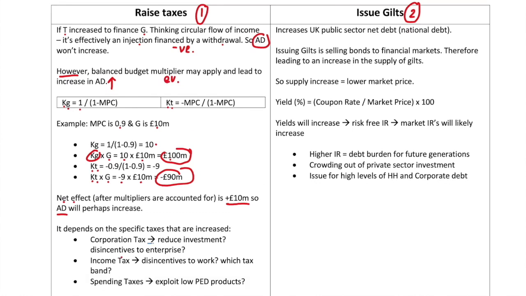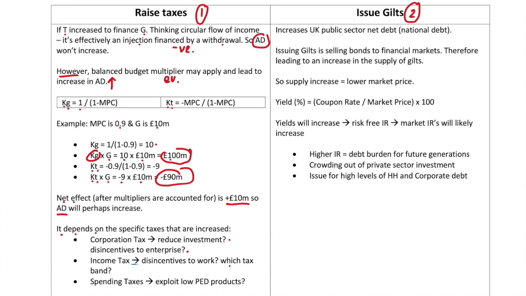Also, other things to think about when you're raising taxes is clearly it depends on the specific taxes that are going to be increased. Let's just say you used corporation tax. If corporation tax is going to be increased, well, that's probably going to reduce investment and it's going to put in disincentives for enterprise. If you go down the income tax route, then there's clearly going to be disincentives to work. However, you might want to think about which band is going to be increased.